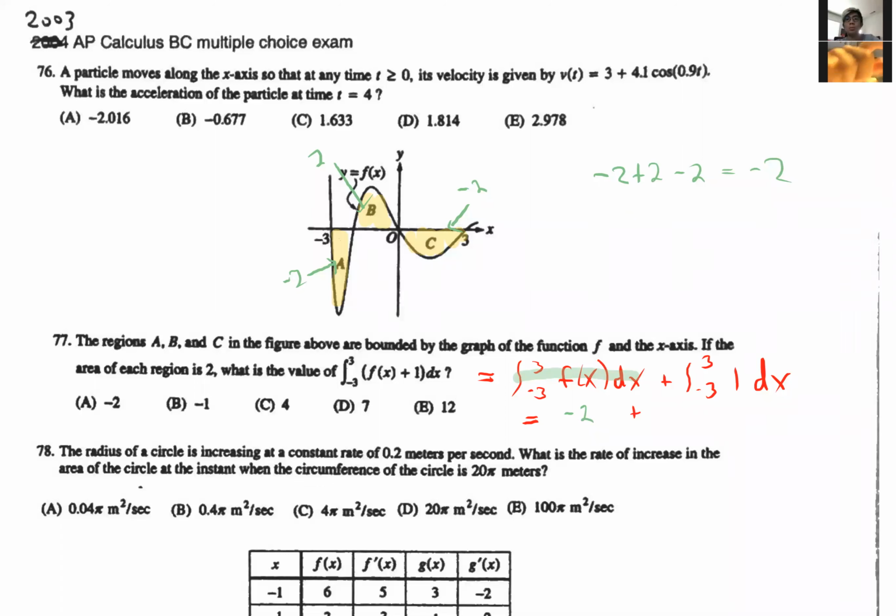Okay, so now I'm going to focus on this integral, and then I'm going to add that to -2. I just found the area from -3 to 3 of the graph f of x is going to be -2. So to find this one, I am going to take the integral of 1, which is just x, from -3 to 3.